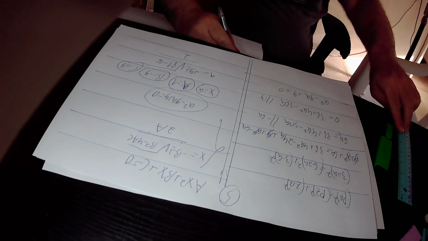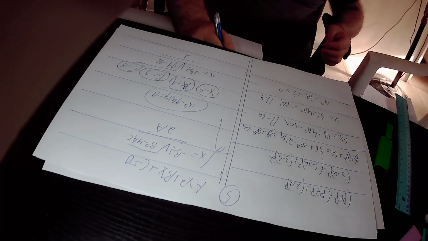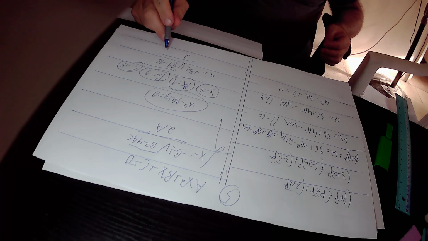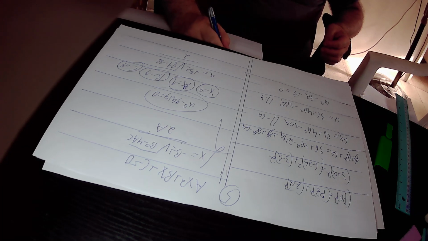In conclusion, we actually found out that a equals 9 plus minus square root of 81 minus 36, which is 45. So inside the root we have only 45 over 2.